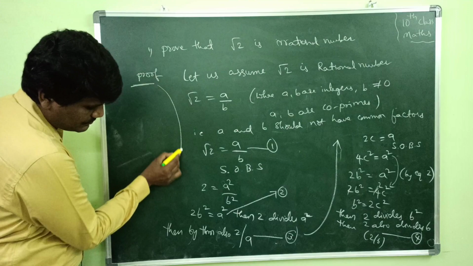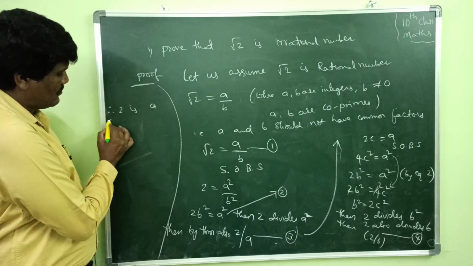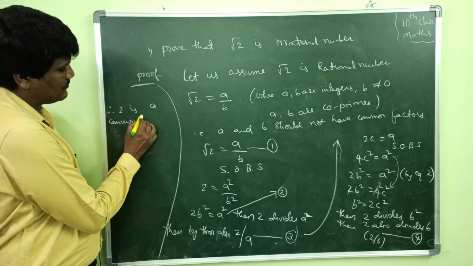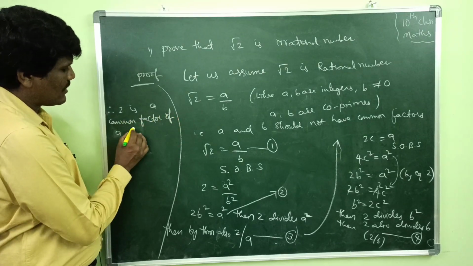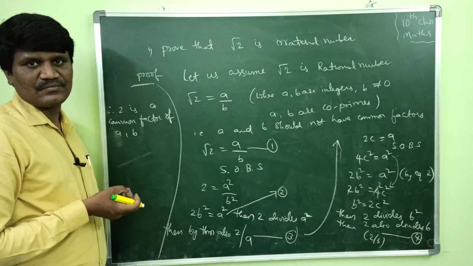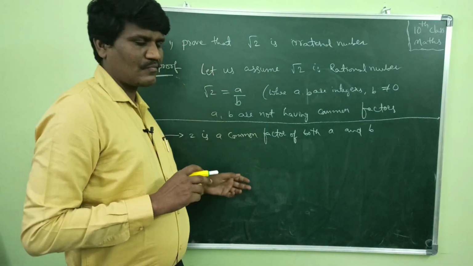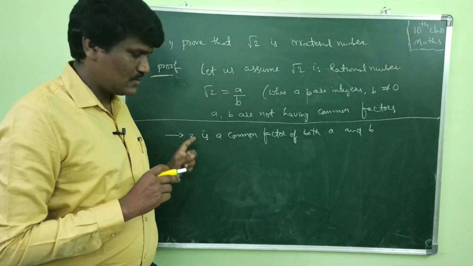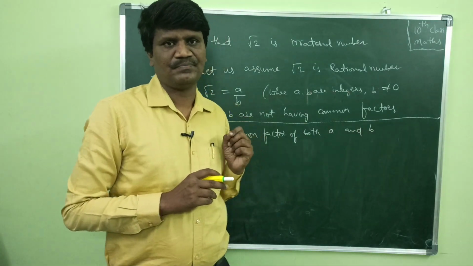Therefore 2 is a common factor of a, b. So I got 2 is a common factor of both a and b.